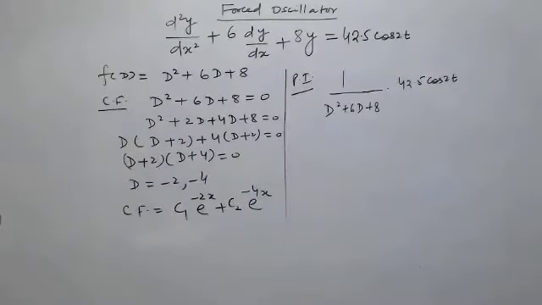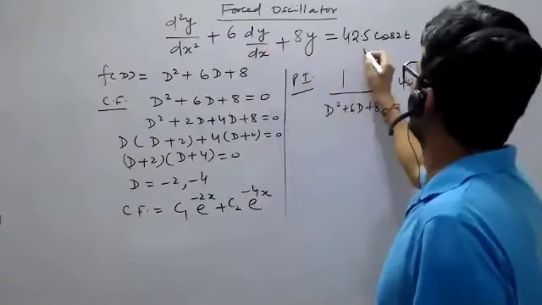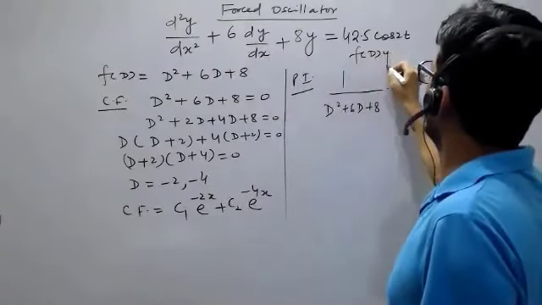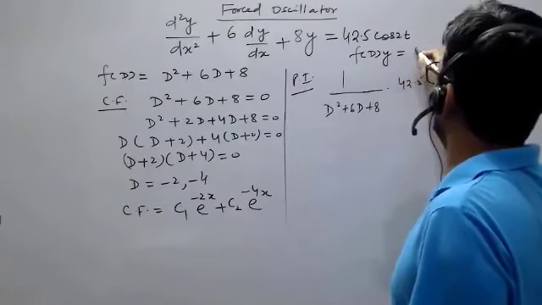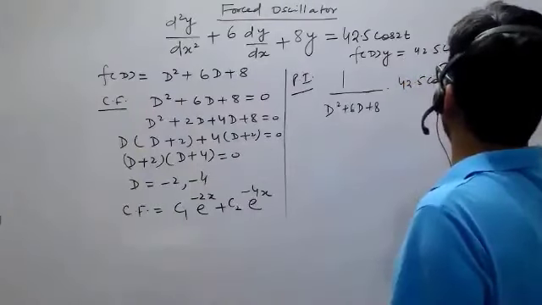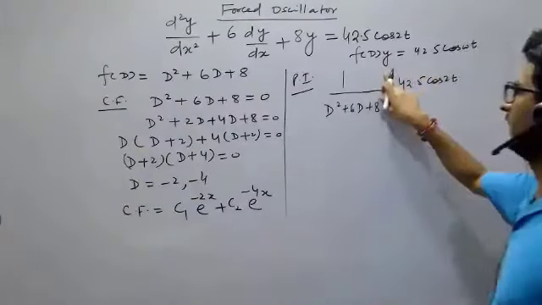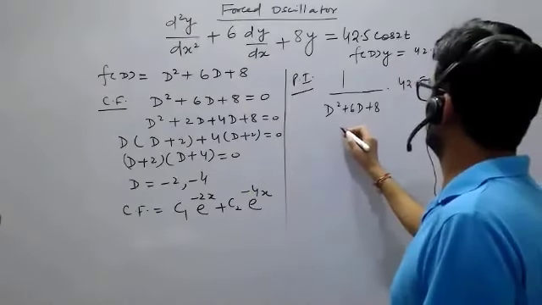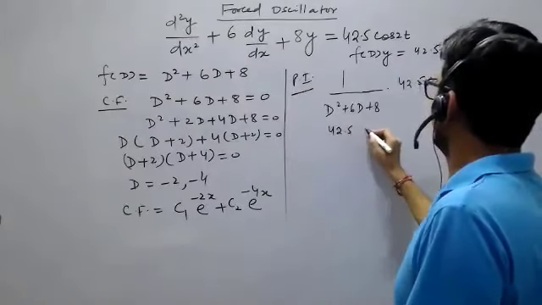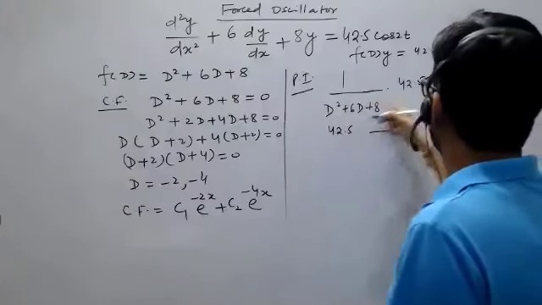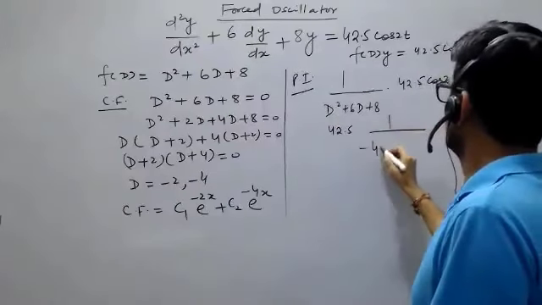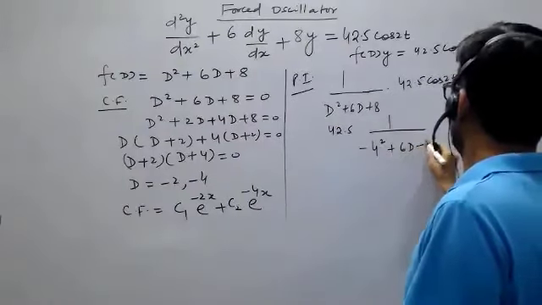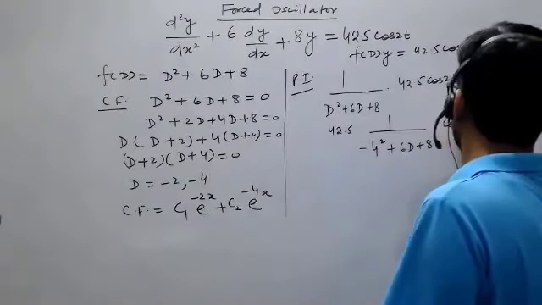I told you that f(D) y is equal to 42.5 cos omega t, so for the particular integral, y will become 1 upon f(D) into this. As a first step, I will write 42.5 into 1 upon D square replaced by minus a square, plus 6D plus 8, into cos of 2t.